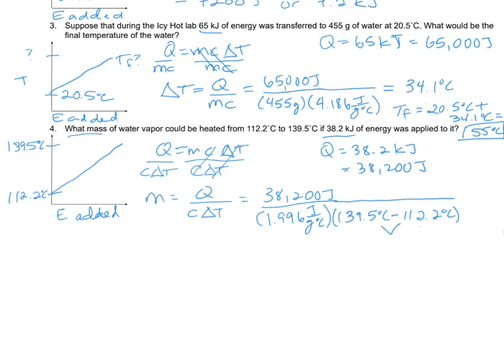And when we do the subtraction there, that ends up being 27.3 degrees Celsius. So we do our math, 38,200 divided by 1.996 divided by 27.3. And this is going to have 3 sig figs. So our final answer will be 701 grams.